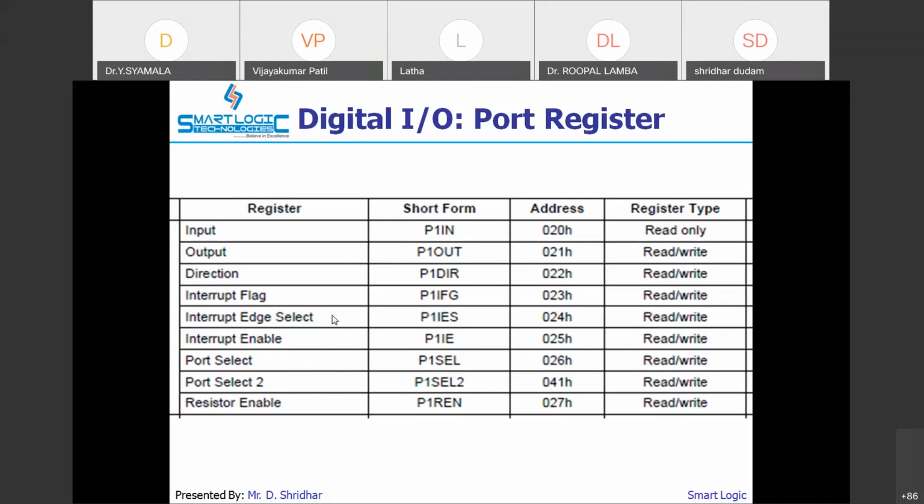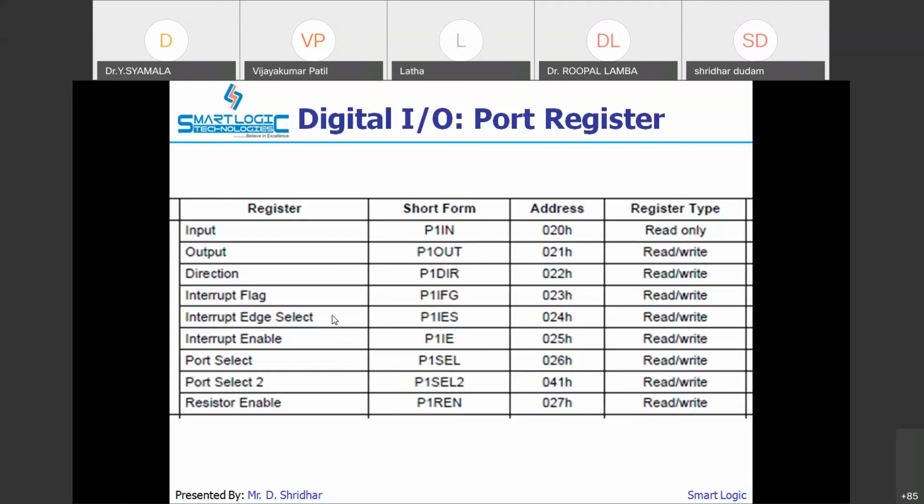Then the interrupt flag. Whenever the interrupt occurs, the interrupt flag will be set, and this interrupt flag will enable the interrupt of the port input, provided you have enabled the interrupts of the MSP430.